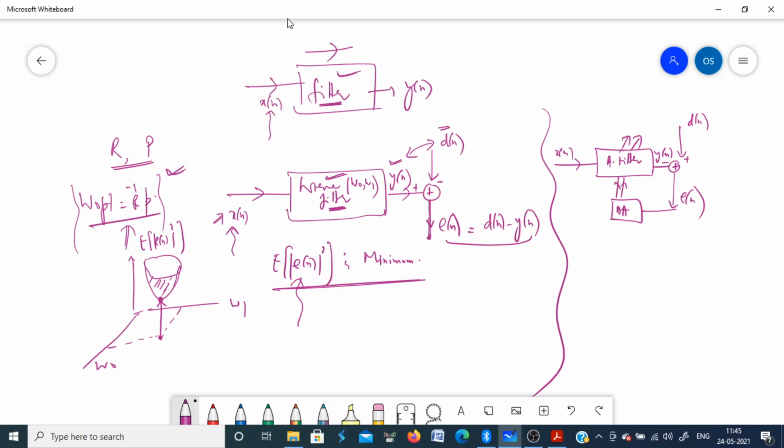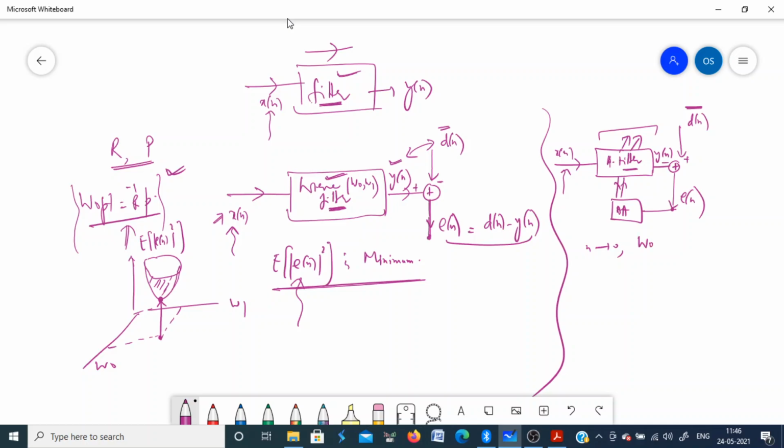This is the structure of an adaptive filter. You apply some input and you have some desired response, and you compute the error at any point of time n, and that error is fed back to this adaptive algorithm which is used to update the filter coefficients. It means if you start from time n equal to 0, suppose you don't know the optimum weights where the mean square error will be minimum, you start from any value.